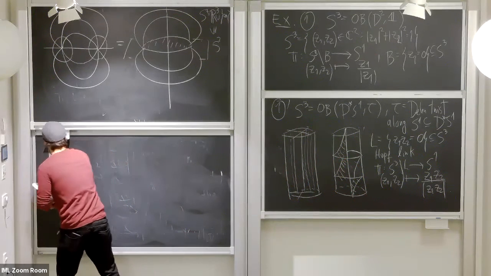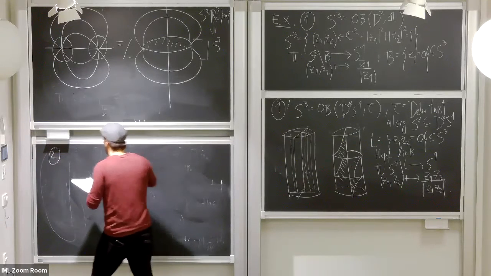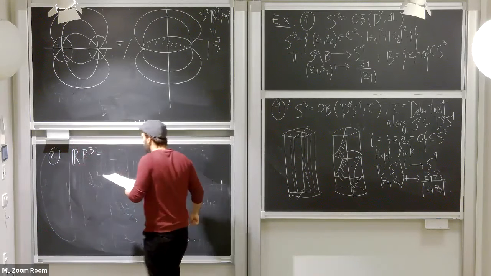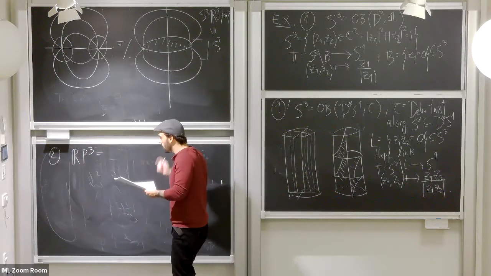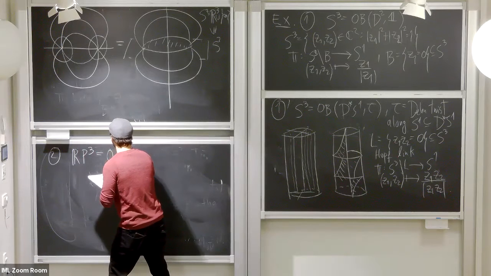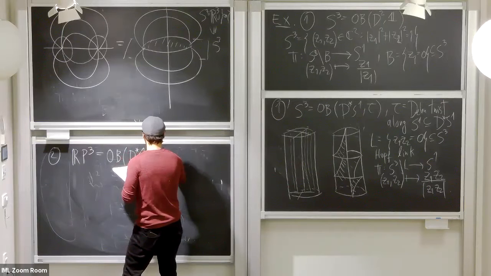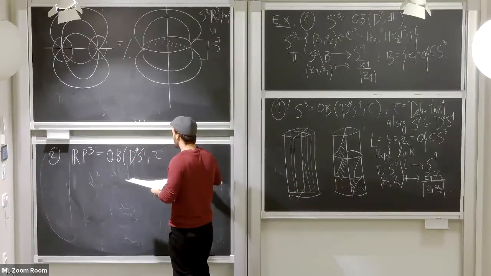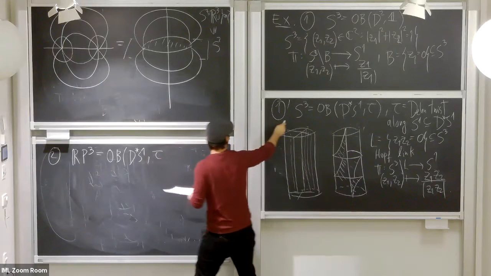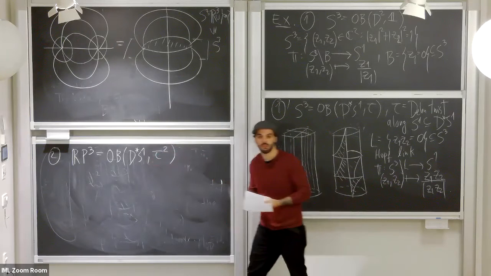Let me do one further example, which appears in the three-body problem as well as S3, which is RP3. Nice, because as we've seen, these are the regularized energy level sets in the planar problem. So this is the open book with page the annulus, and now rather than having it be tau, because this is the quotient of S3 by a double cover, it will be the square of tau.